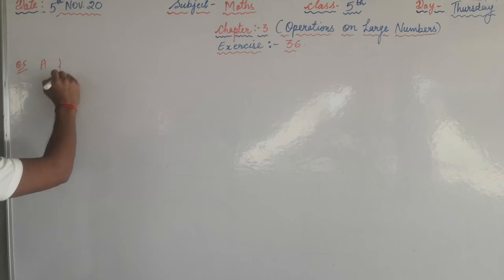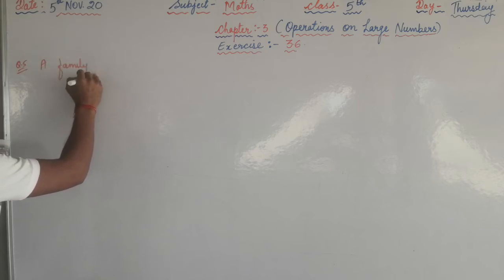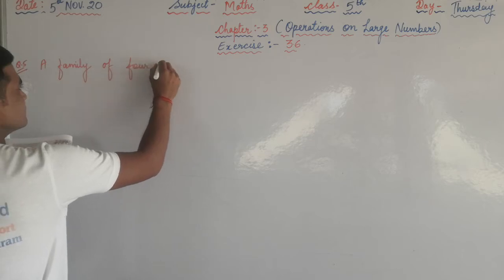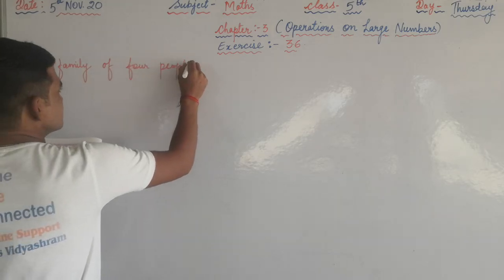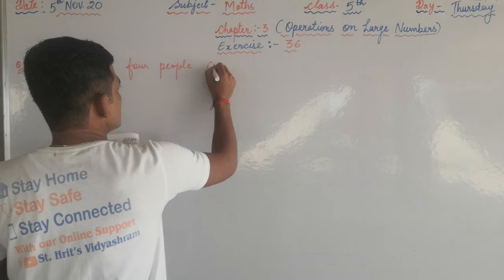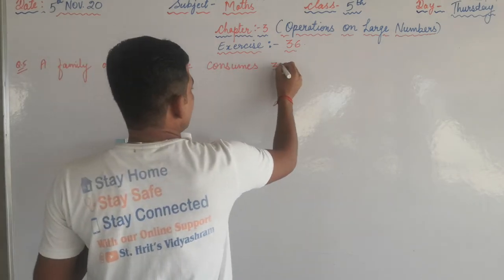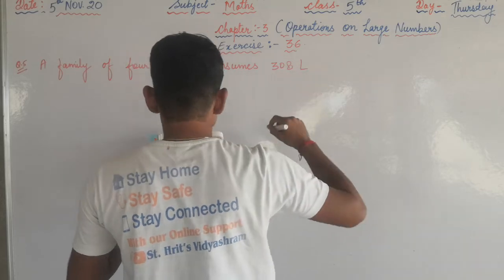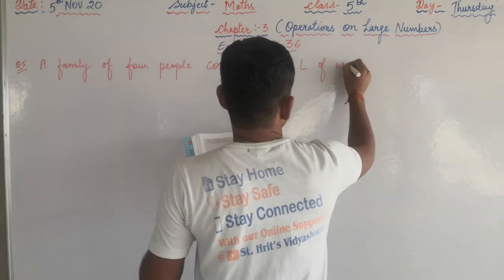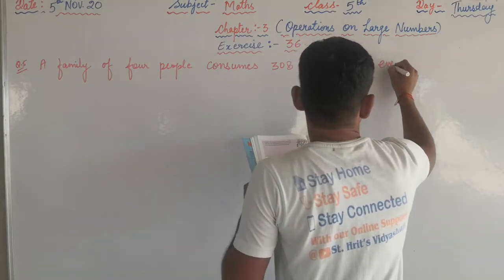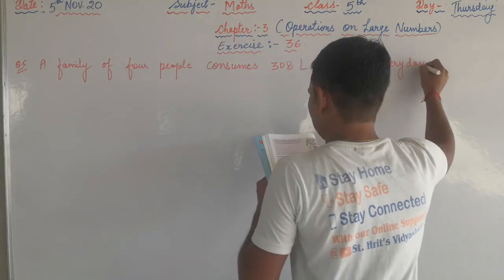A family of 4 people consumes 308 liters of water every day.